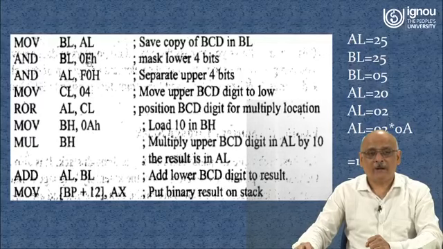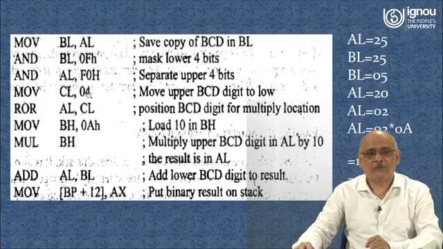Then in BL, we are using 0F. So what will be extracted? The lower 4 bits will be extracted in the BL register. So BL will now be 0 and 5. The upper 4 bits will be masked out because of 0FH, and in AL the lower nibble will be masked out, so it will be 20.